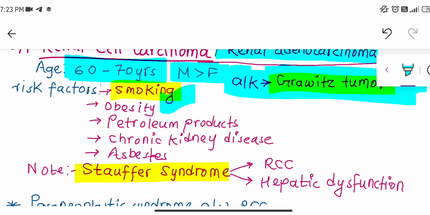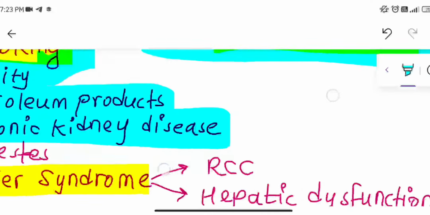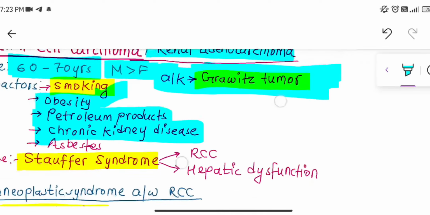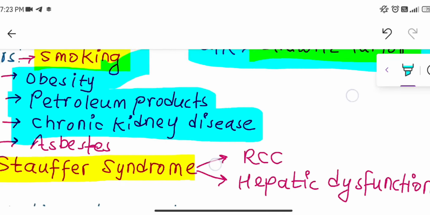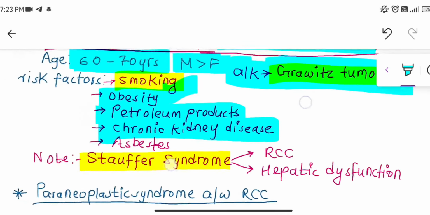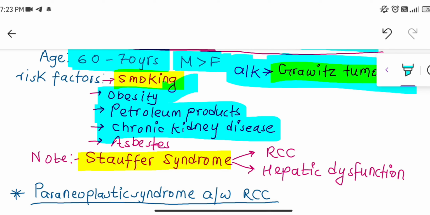Next risk factors are obesity, petroleum products, and chronic kidney disease. Most commonly the patient goes for dialysis. If the patient is on dialysis for a long period of time, then the person is more likely to get renal cell carcinoma.